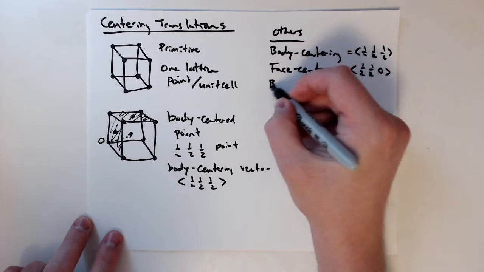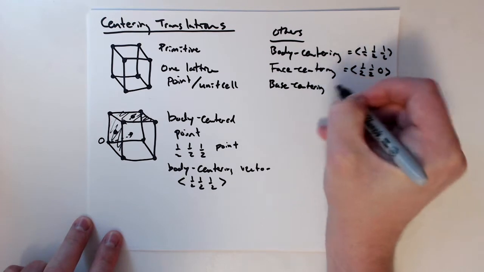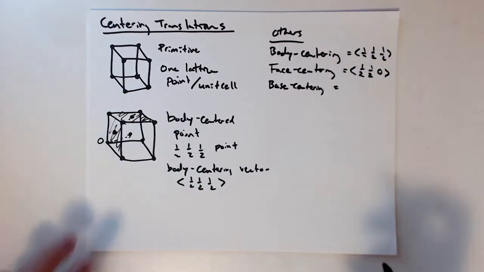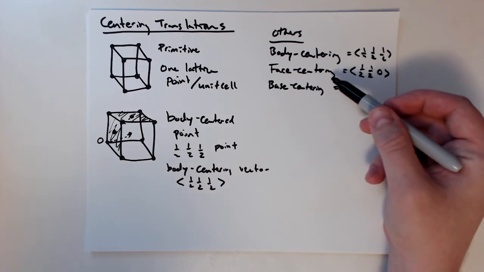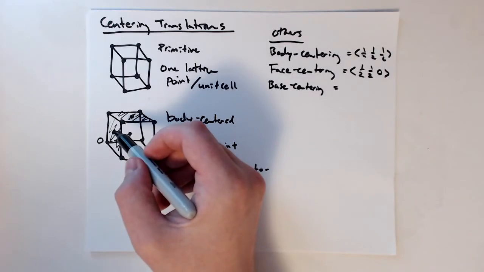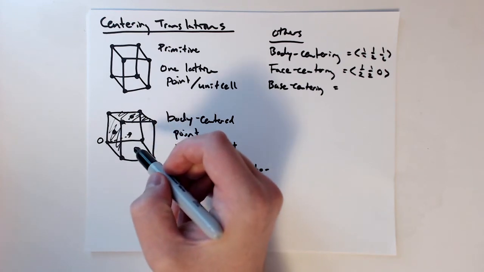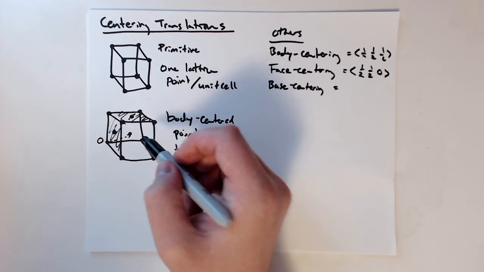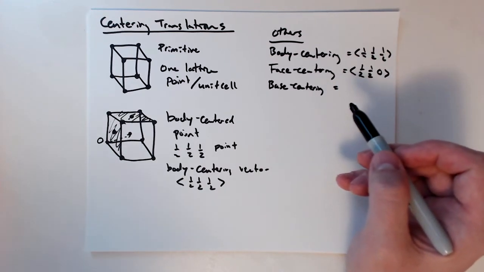We can also have what we call base centering. The difference here is that when we have a face centering lattice, we have points on all of the faces, all 8 of them. However, in base centering, it is only one type.